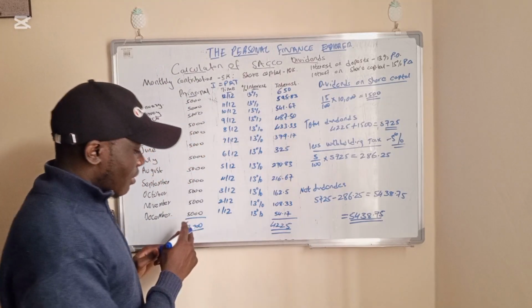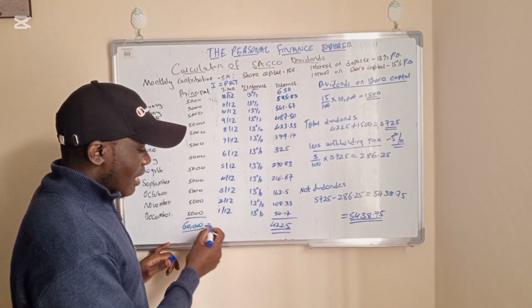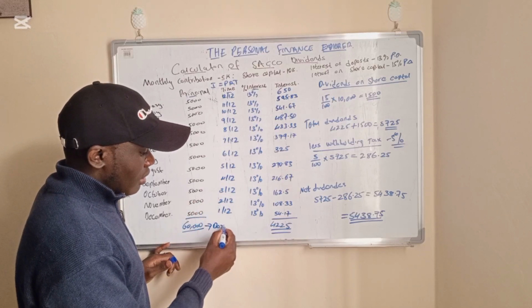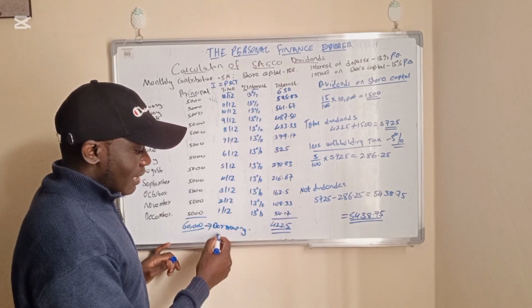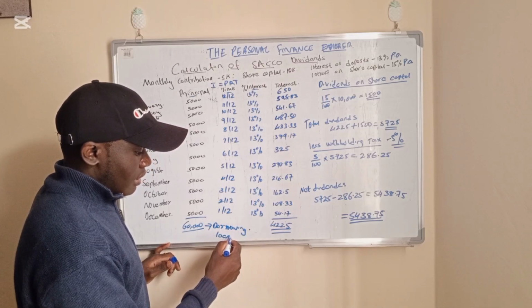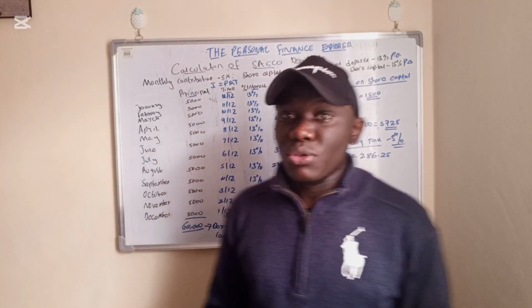If you want your 60,000, the only way you can access this money is by borrowing it, so you have to take it in terms of a loan. So SACCOs do not have liquidity. That is something that you should note.